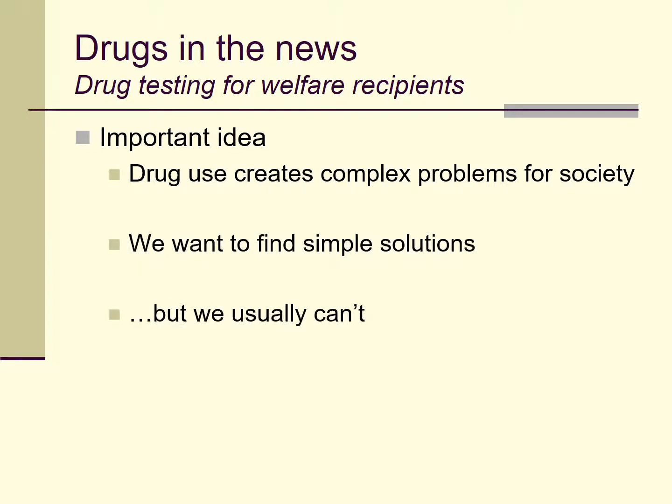We often want to find simple solutions to drug-related problems, whether it's drug use, drug abuse, crime associated with drugs, etc. But we usually can't find simple solutions to complex problems. And again, I think this idea of drug testing welfare recipients, or drug testing people who get government benefits for drugs, is an example of that. Maybe an attempt, maybe even a well-meaning attempt to find a simple solution to a very complex problem. Unfortunately, an attempt that is doomed, in my judgment, to be a failure.